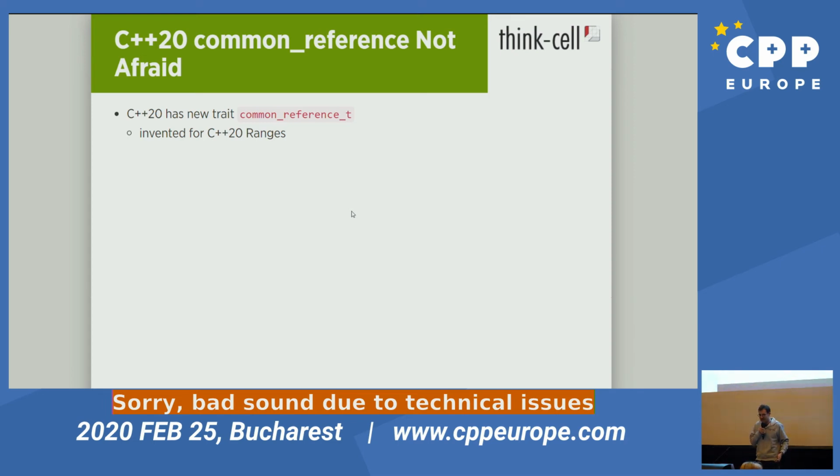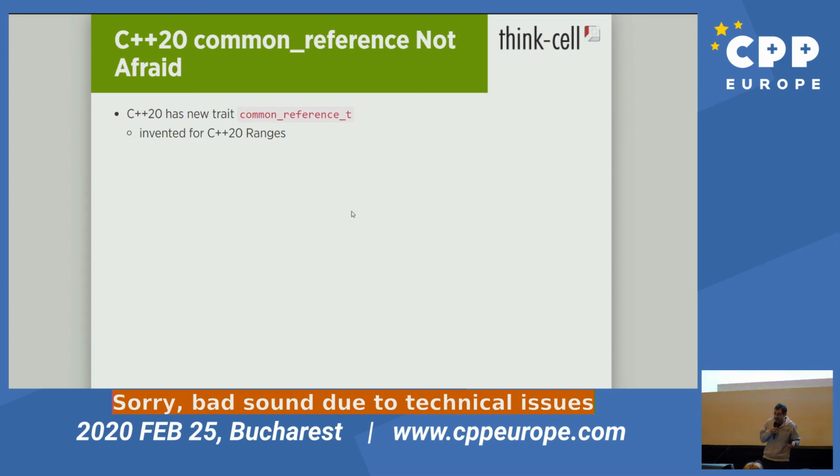Now the problem is both of these ranges obviously have iterators, and when you dereference them, they have return types. So when you call star it, this will have some return type. The one will have a return type, and the other will have a return type.